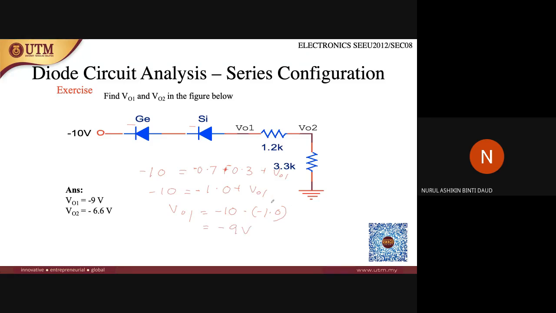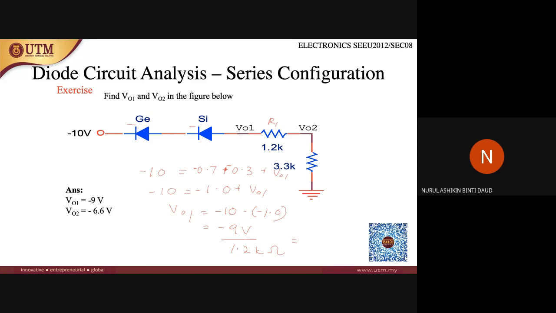Minus 9 volts. So at VO2, after the voltage flows through the resistance, the value will be lesser, right? So what you need to do is find the current value first. At minus 9 volts, divide by the resistance here, 1.2 kilo ohm. How many do you get?